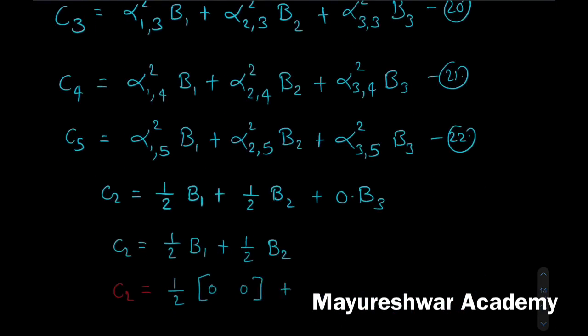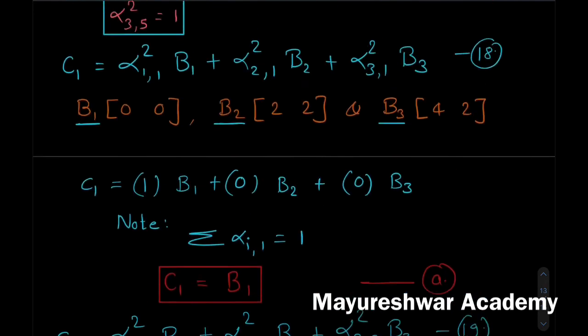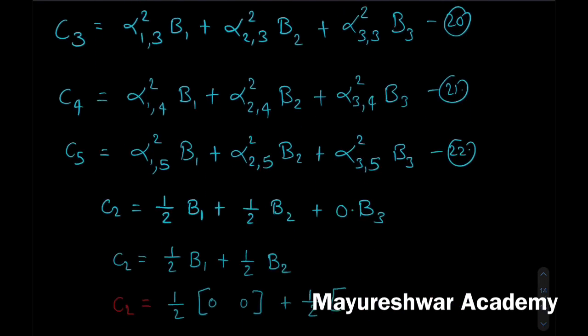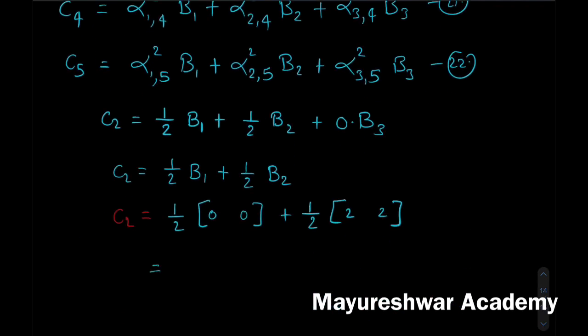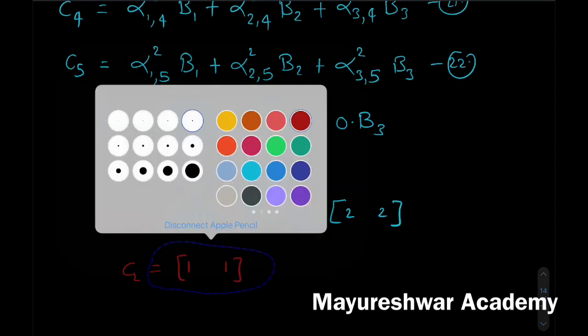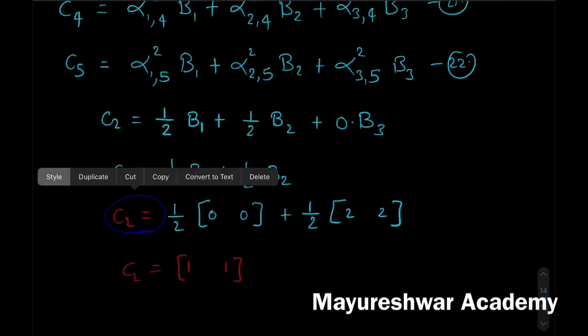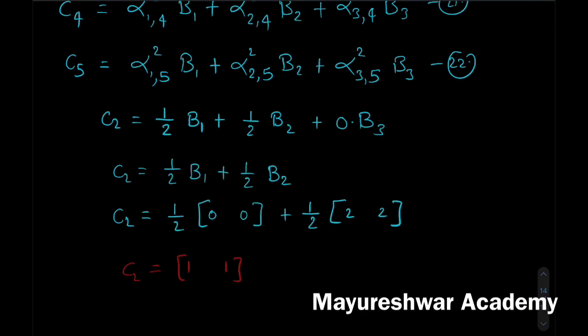Plus 1/2 of B2, which is 2 comma 2. So this is 1 1. After manipulation, the first part will be 0, the second part will be 1 comma 1. So C2 is 1 comma 1. That's the final expression of C2.